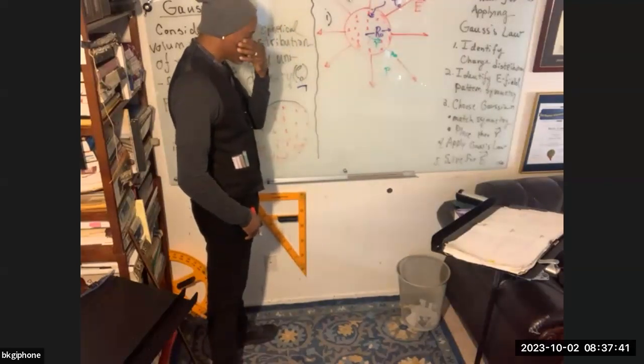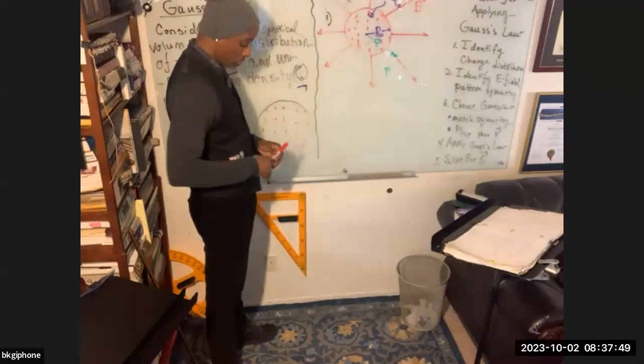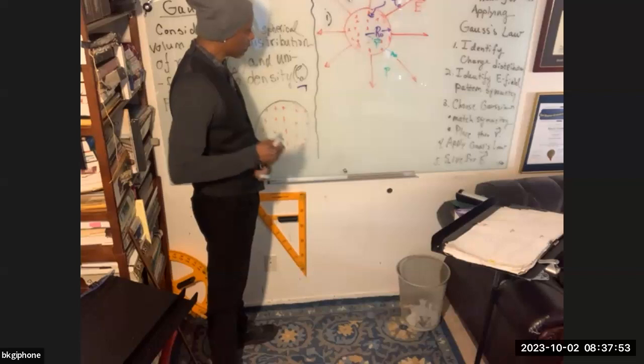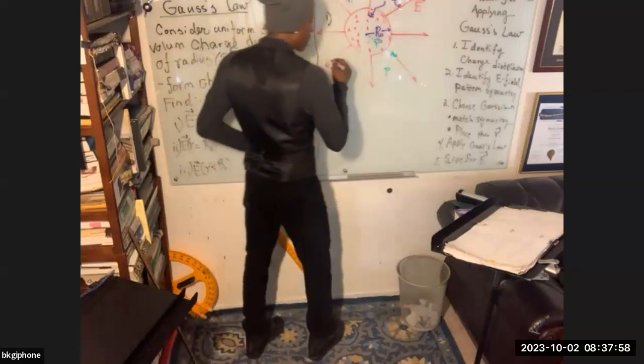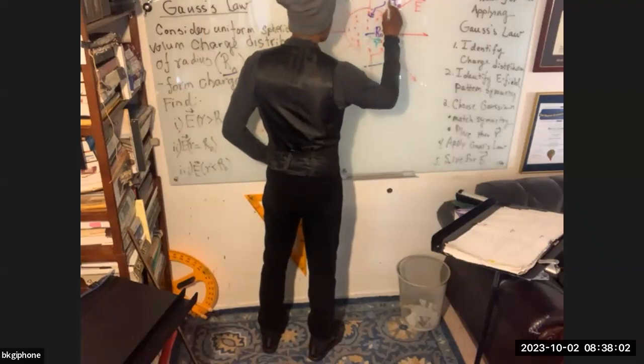So if we make it a sphere, and we center that Gaussian over our charge distribution, so that the center of the charge distribution is also the center of the Gaussian, then from a cross-sectional point of view, our Gaussian might look like this.